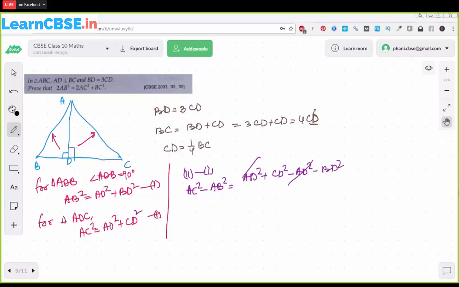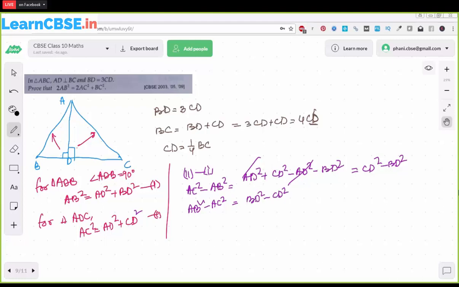So we can write it as CD square minus BD square. Or AB square minus AC square equals BD square minus CD square. That is what we can write.